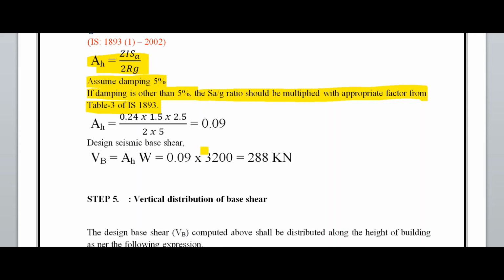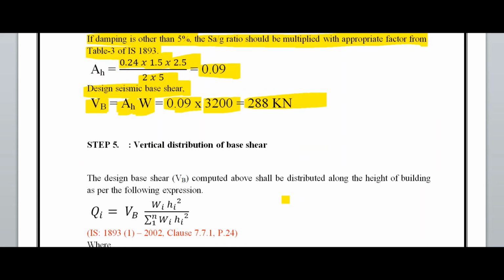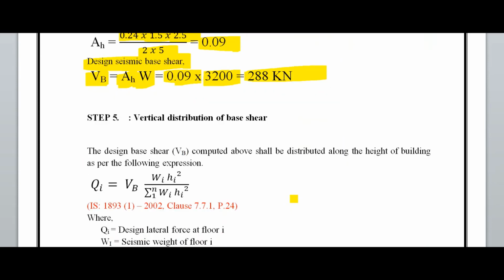We have assumed damping is 5%, so 0.24 × 1.5 × 2.5 / (2 × 5) gives 0.09. The design seismic base shear VB is equal to Ah into W, where W is the total weight, so 0.09 into 3200. So 288 kilonewton is the base shear.